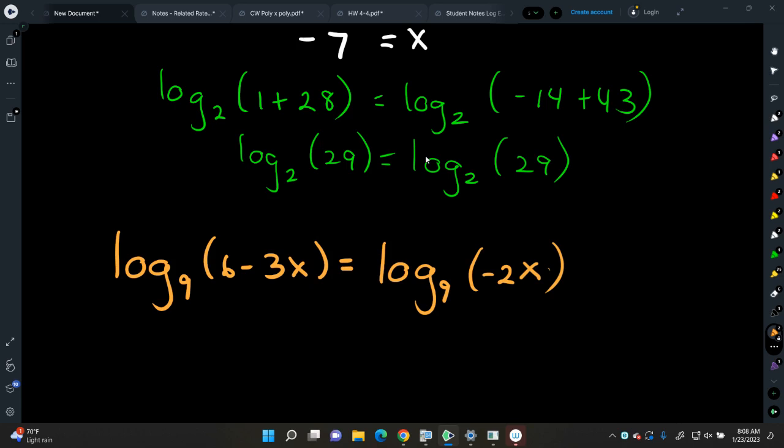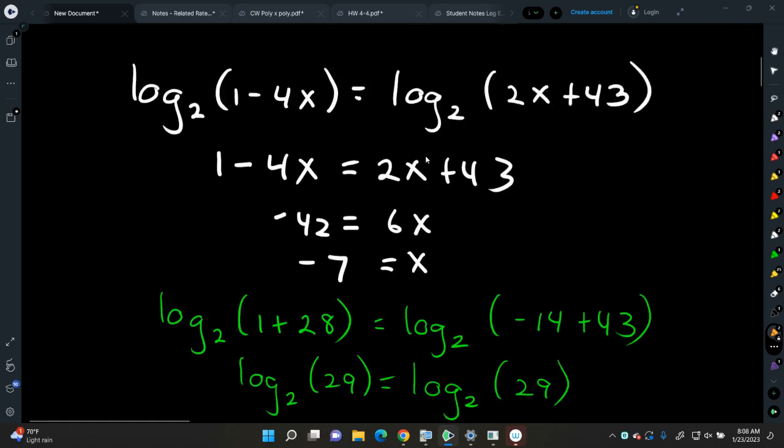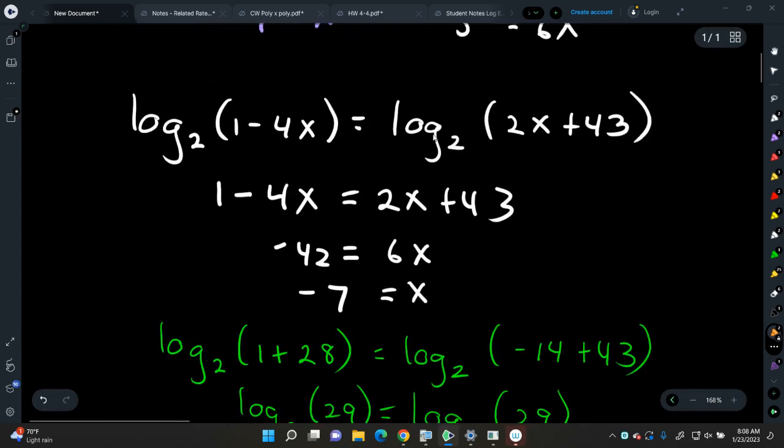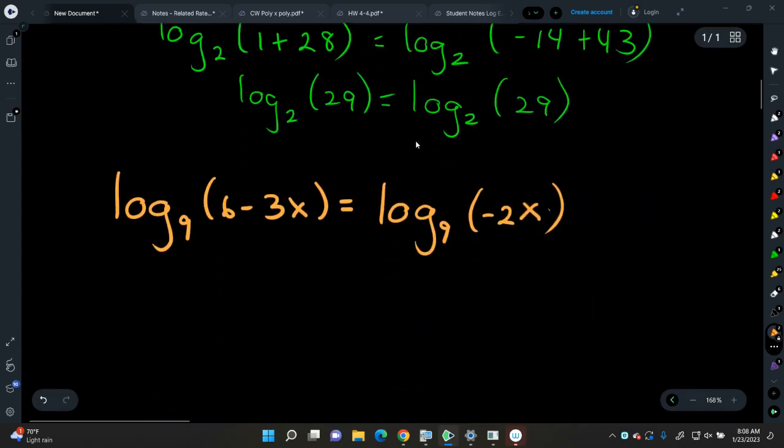If there are other logs, we cannot use this method. We're going to learn a different method for that. You can only use this method when it's log equals log. All right, so we get 6 minus 3x equals negative 2x. Adding 3x to both sides, we get 6 equals x.